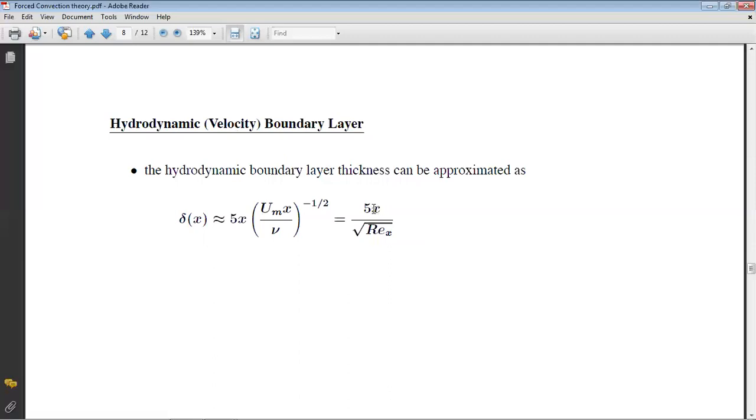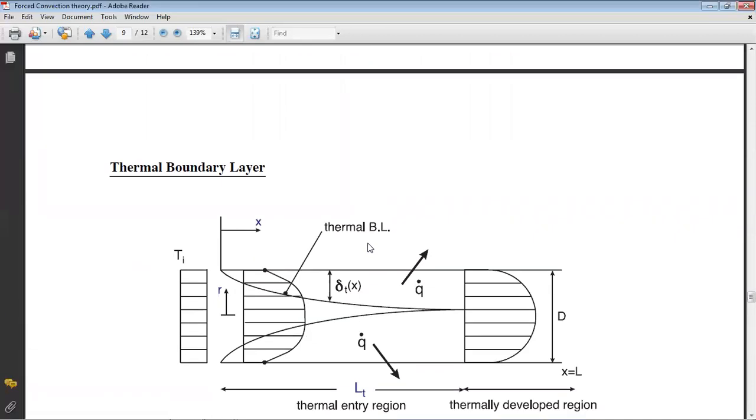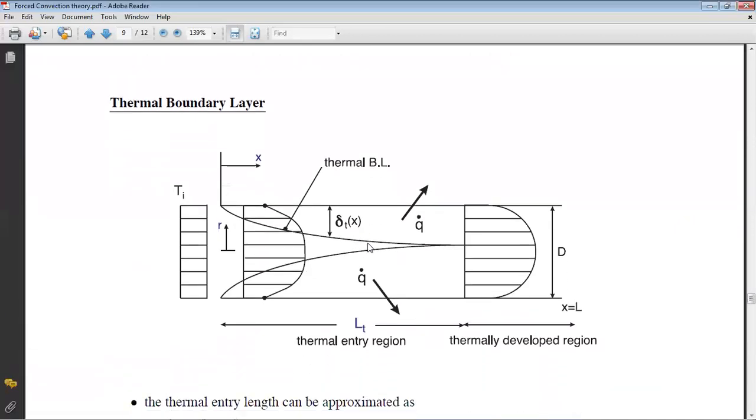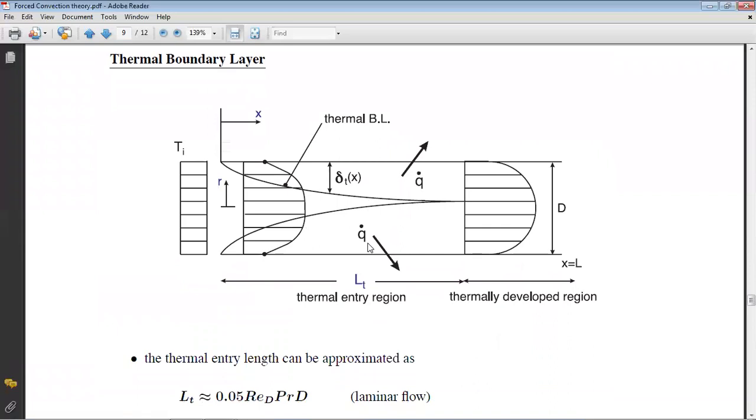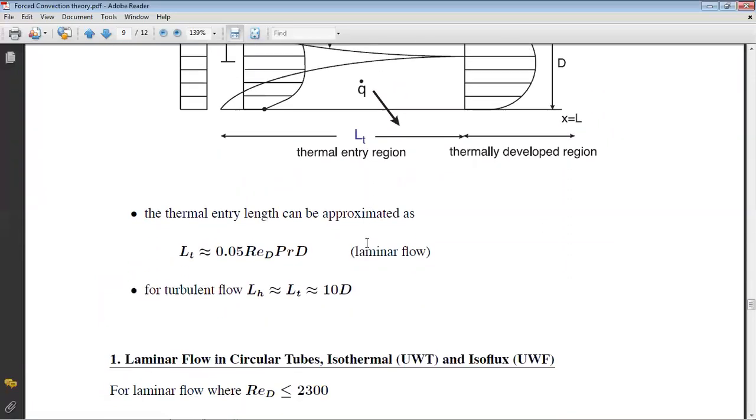If the length is L, it could be L by 4 upon square root of Reynolds number. Similar is the case with the thermal boundary layer. Now you can again use these empirical relations for laminar flow as well as turbulent flow.